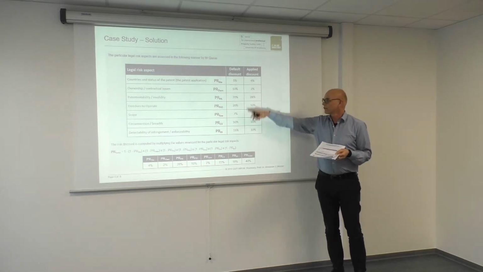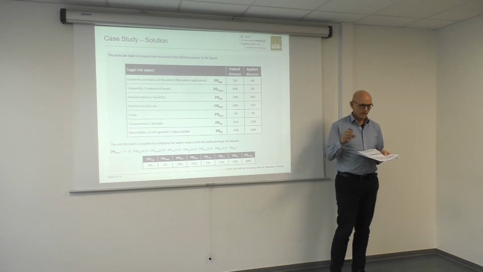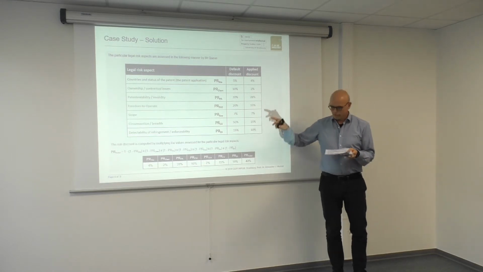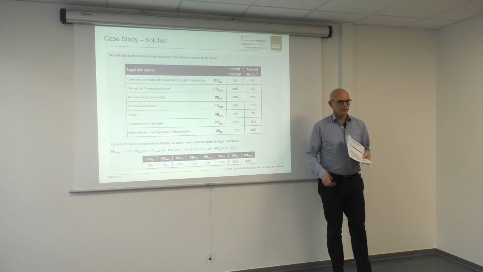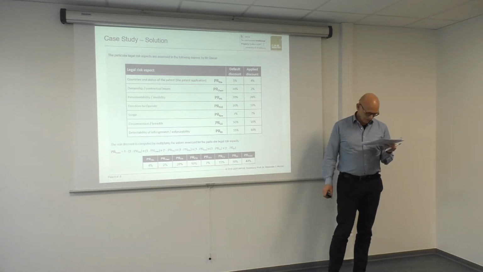Normally we come from a default value, and for the portfolio we have, it is lower except one. First thing is the country and status of patent. We have a portfolio which is covering the main competitors' countries, so we don't see any big problem, so we reduce the amount from 5 to 4%.